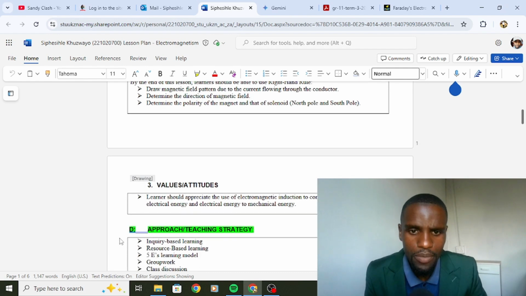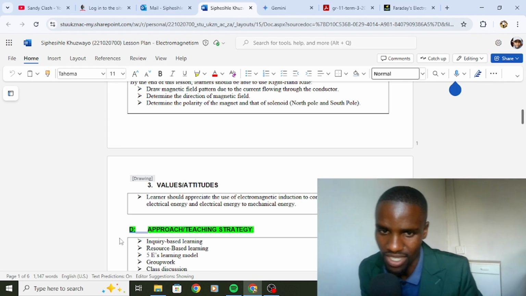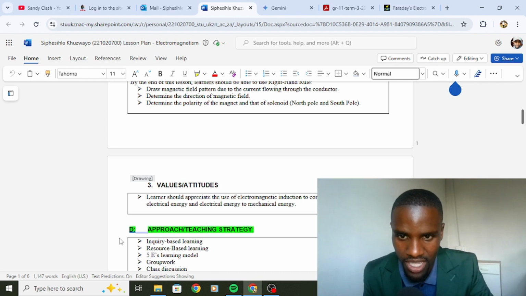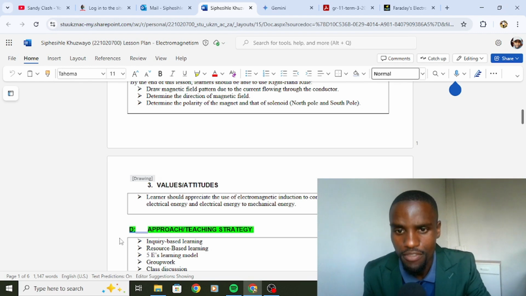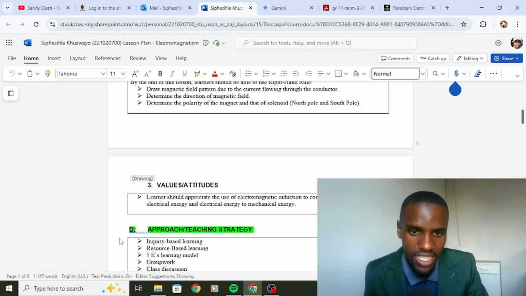So the values: learners should appreciate the use of electromagnetism. Or that is a mistake, because I used electromagnetic induction, but it is the same thing, because the current or the voltage is being induced. It is electromagnetic induction that converts mechanical energy to electrical energy and electrical energy to mechanical energy.